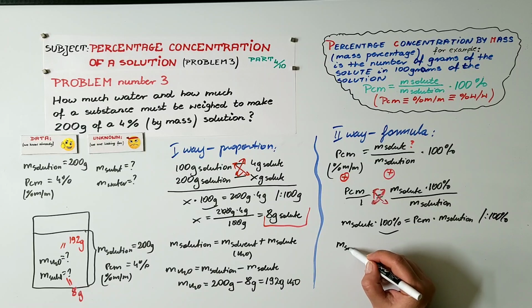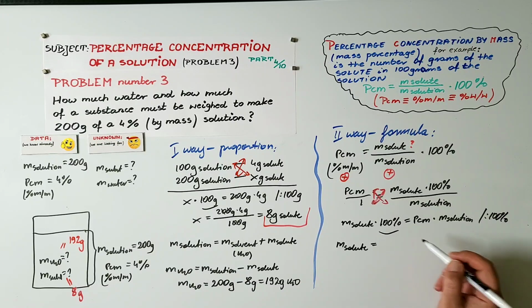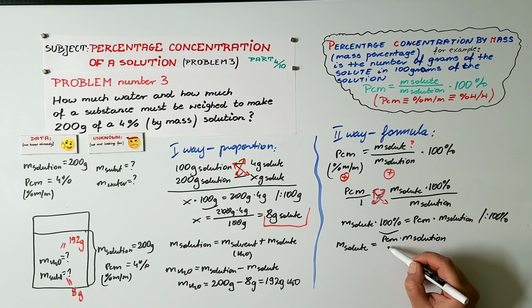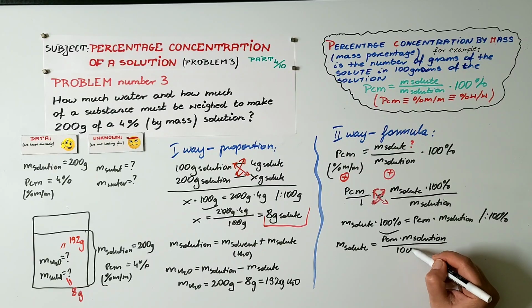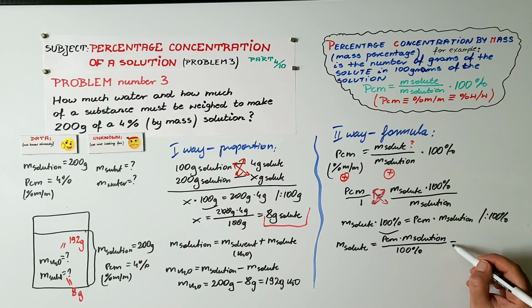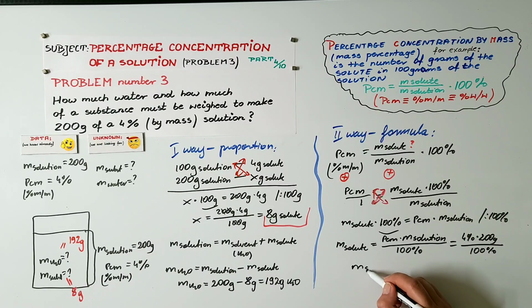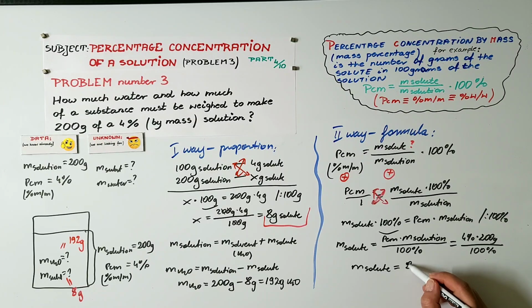So mass of solute equals PCM times mass of solution over 100% equals 4% times mass of solution 200 grams over 100%. So mass of solute equals 8 grams.